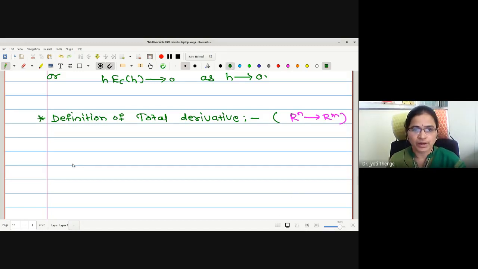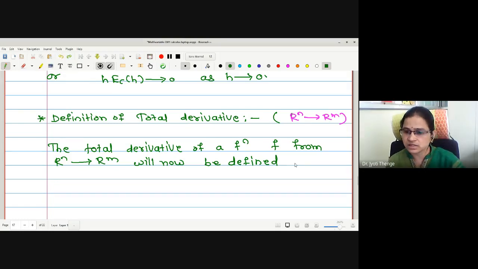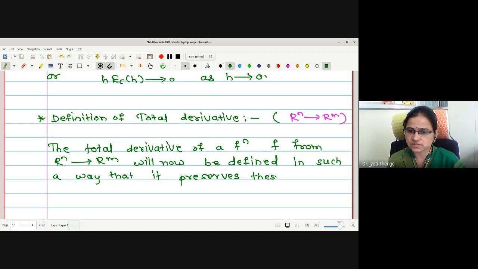So here I will write the total derivative of a function f from R^n to R^m will now be defined in such a way that it preserves these two above properties.